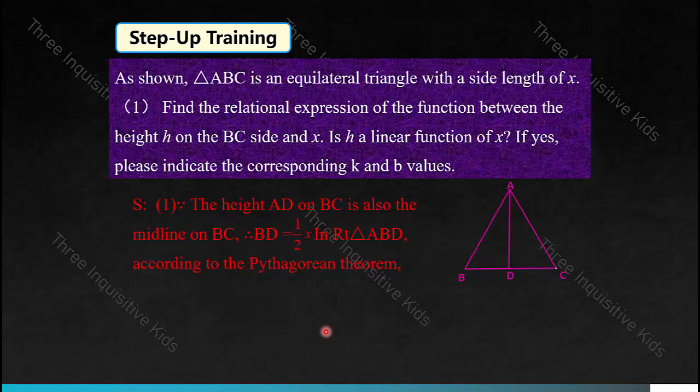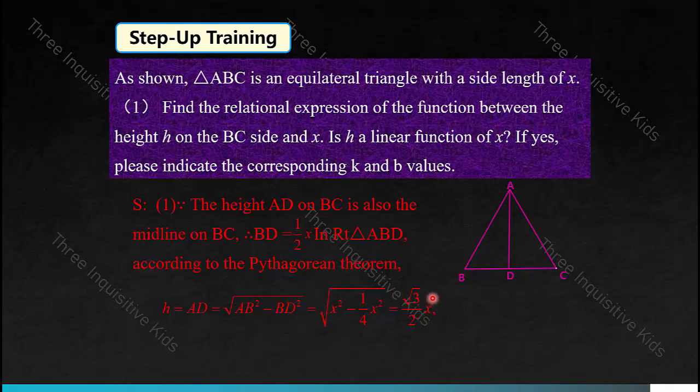Well, the height on BC, AD, this line right here, is also the midline on BC because we know it is an equilateral triangle. Therefore, BD is equal to 1/2 of x. In right triangle ABD, according to the Pythagorean theorem, we know h is equal to AD, which is equal to the square root of the difference of AB squared and BD squared.